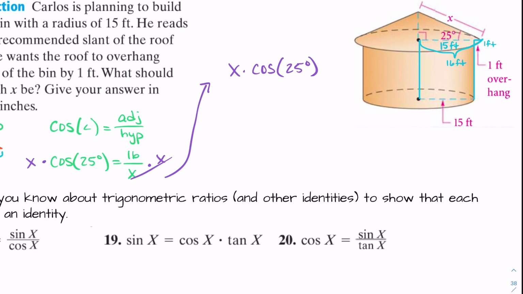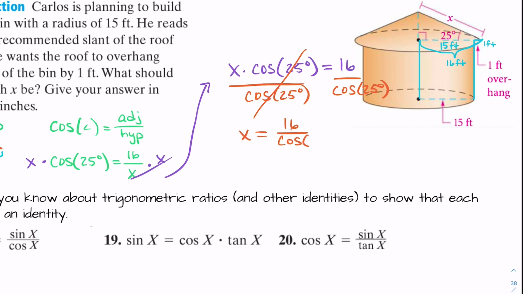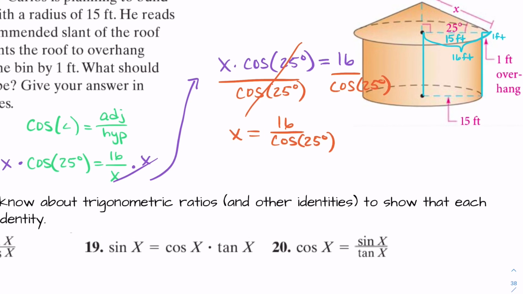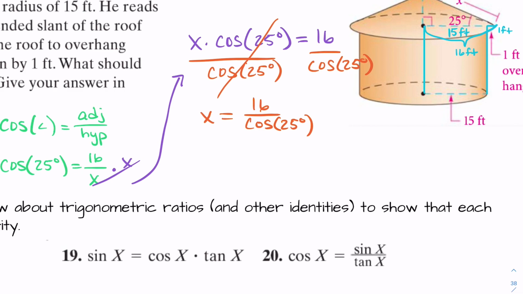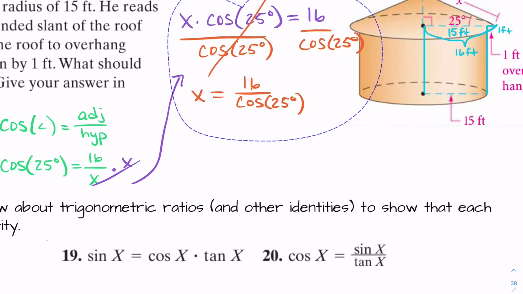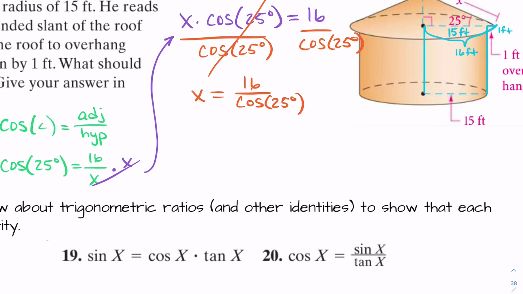But if you're not that good at it yet and you want to do it step by step, you can, which is what I'm doing right now. It's the cosine of 25 degrees, and you're going to get rid of that. And so x is equal to 16 over the cosine of 25. So we just solved for the side length as an exact value. What we haven't done yet is find the approximate value of it. So x approximately equals 16 over cosine of 25.